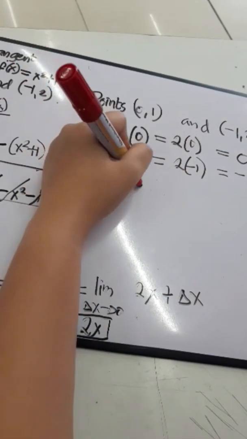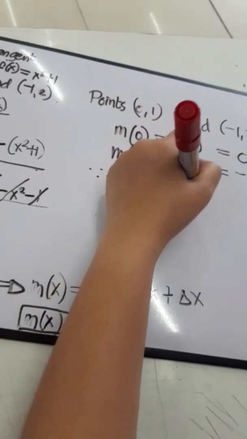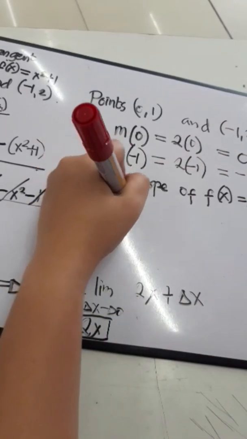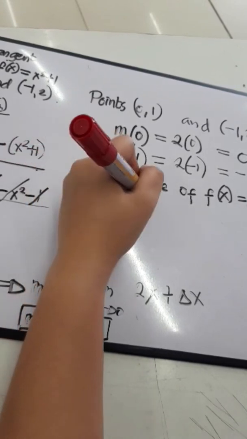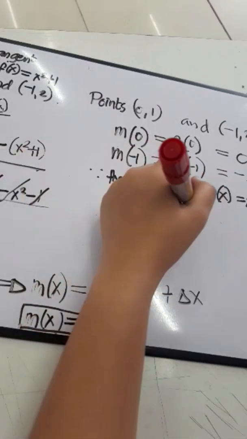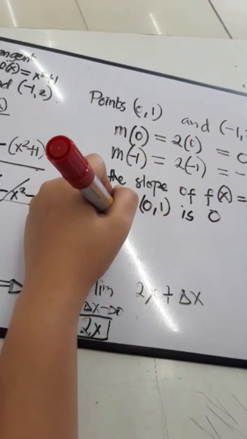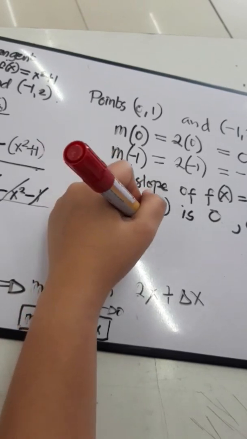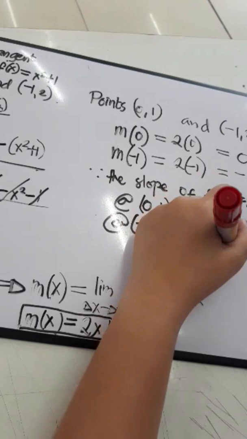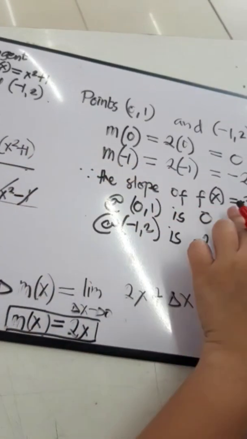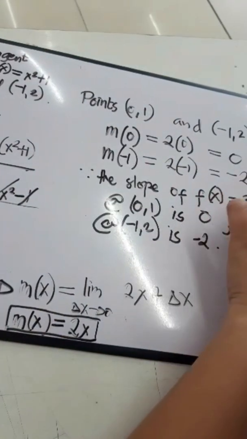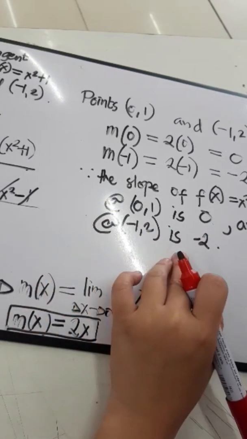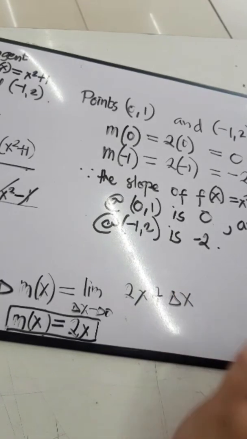Therefore, the slope of f of x equals x squared plus 1, our given function, at point 0, 1 is 0, and at negative 1, 2 is negative 2. Okay?